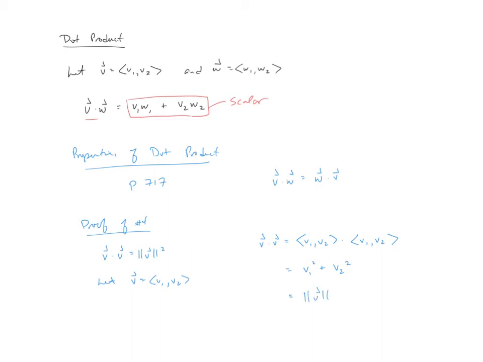So if this had a square root on it right here, that would be the magnitude of v. It doesn't, therefore it's got to be the magnitude of v squared. Okay, so again, a very, very simple proof, but one that I wanted to bring up to you because of an upcoming assignment that you guys are going to have where this property in particular comes into play. So again, please review page 717, those properties, and let's go ahead and move on.